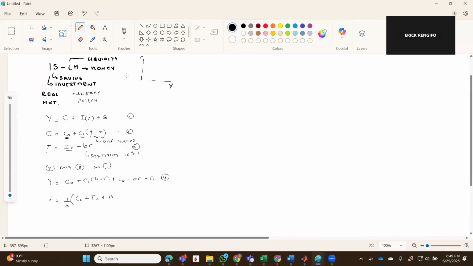Then here I comes as a negative number, so I will have Y negative, this negative here, plus C times (Y minus T). Do you agree with me, guys? So this is the equation of the interest rate for the ISLM model. This is for the IS. So I'm talking about the IS here. This is my IS.